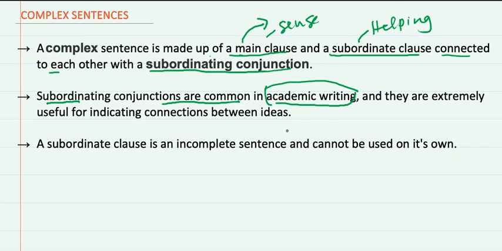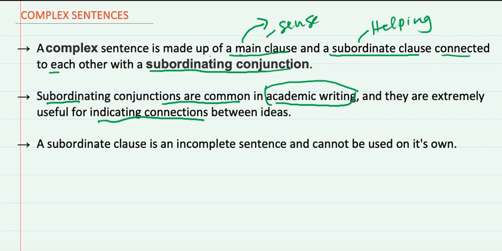They are extremely useful for indicating connections between ideas. So those conjunctions that we looked at previously are very important when you are writing an essay. We use them to join sentences, this and that, and it helps us to make ideas flow.